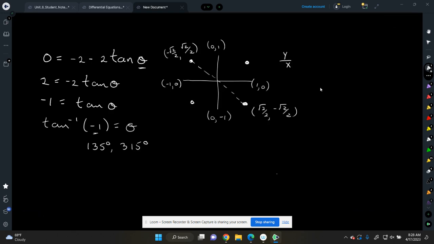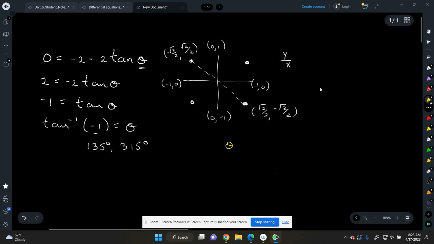And we are working in degrees. We are specifically told to work with theta between 0 and 360. So that is our answer.